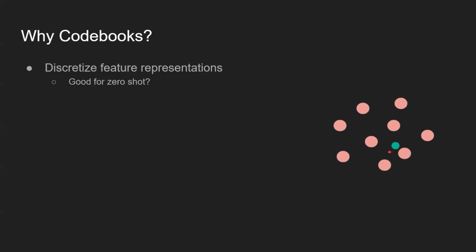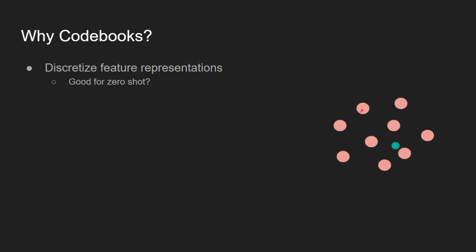Another advantage of this is that codebooks give us control over how specific we want our feature representation to be. For example, a large codebook can represent very specific features. If we have a lot of these red dots that represent vectors in our codebook, we can represent rich features like textures.